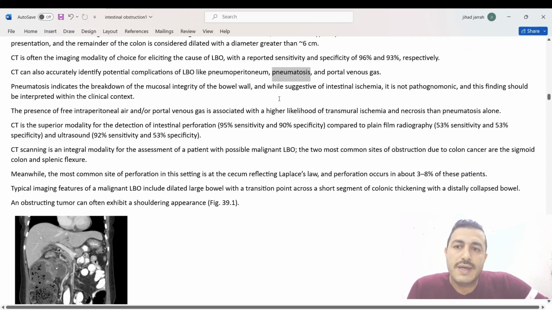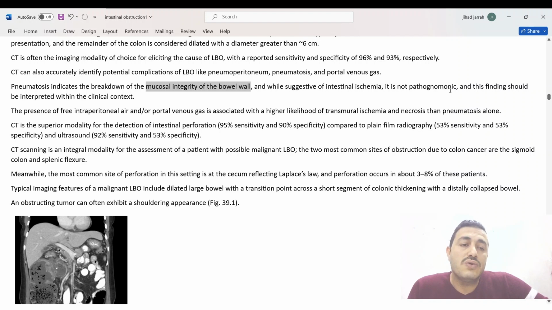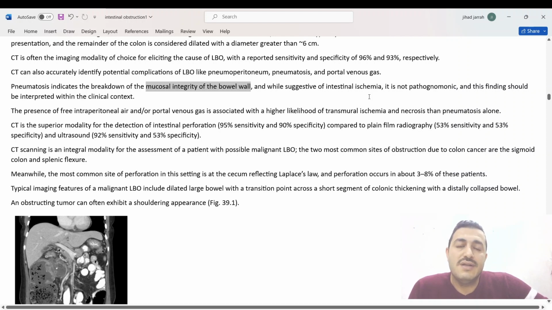It's not pathognomonic for intestinal obstruction, not pathognomonic for anything actually. We can see it in patients who are taking corticosteroids, for example, so it is not an indication for surgery.